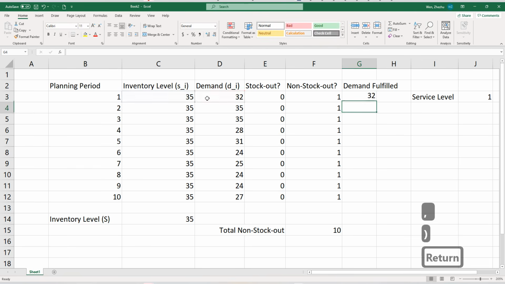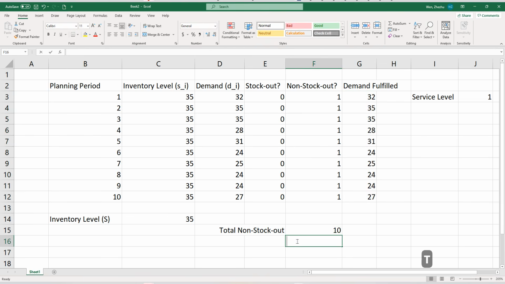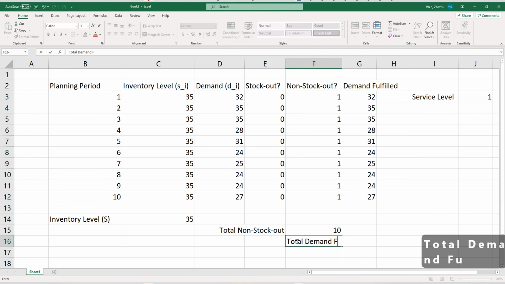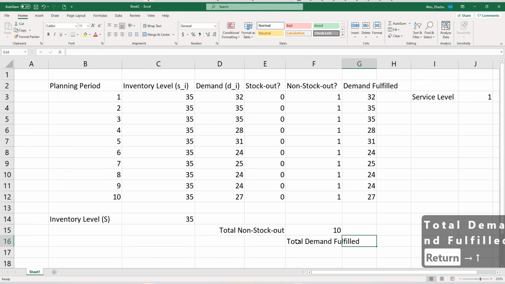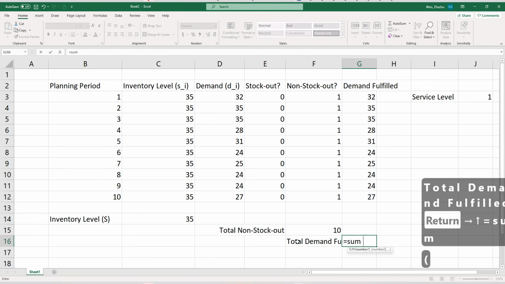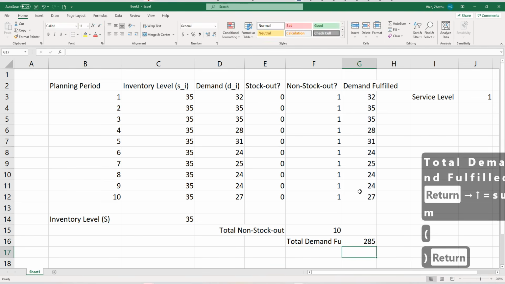If you enter and double click, then you can come out with a new cell called total demand fulfilled. That's basically the sum of all of them.